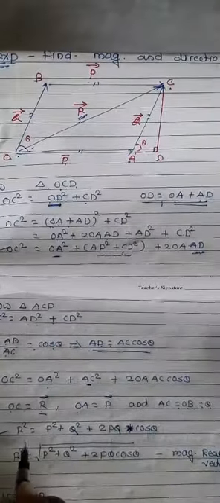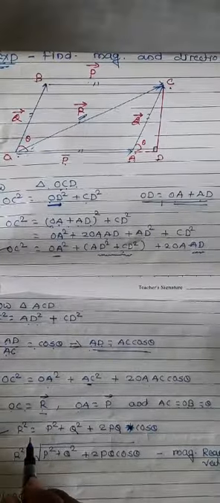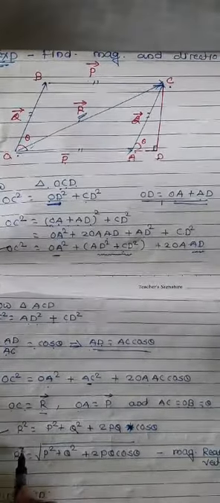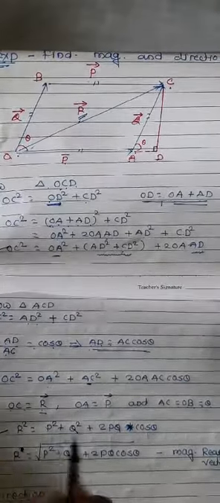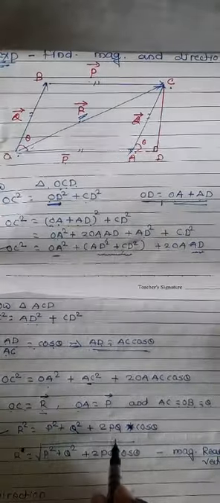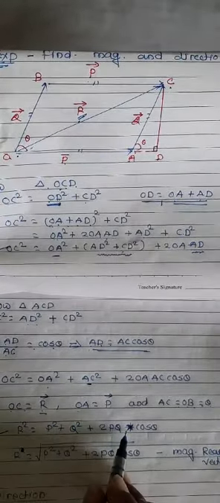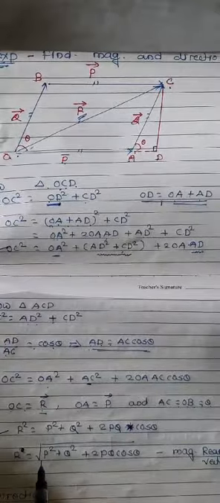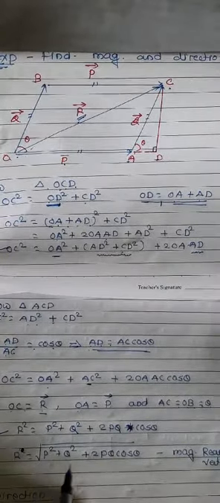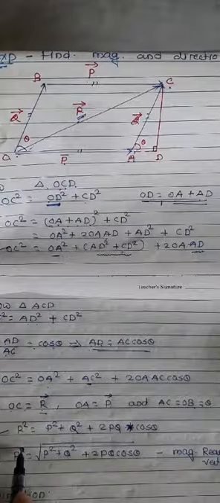Now this gives the magnitude of the resultant vector, in square form. We have to take the square root of this equation. Now R bar is the resultant amplitude.